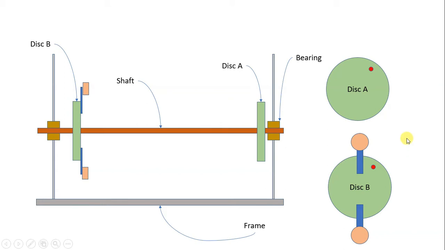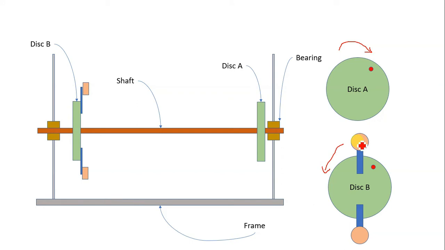One thing to note is that vibration will only occur if you twist disc A and disc B in opposite directions. If you twist disc A clockwise and B counterclockwise, then vibration will occur. If you rotate both discs in the same direction, there will be no vibration, only rotation. The system will not oscillate, it will rotate.